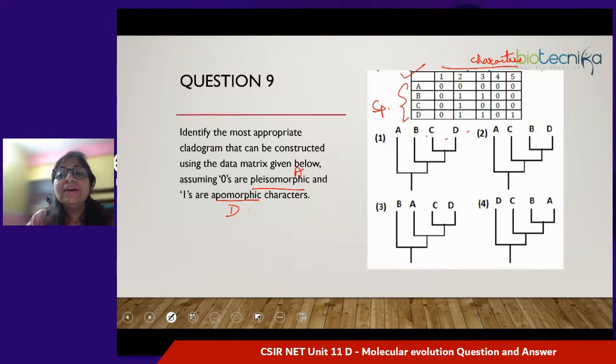It has the maximum number of ancestral characters. If you see, species A is the one with the maximum number of zeros. That means A has to be the outgroup. As you find out that A has to be the outgroup, you can eliminate option 3 and 4.